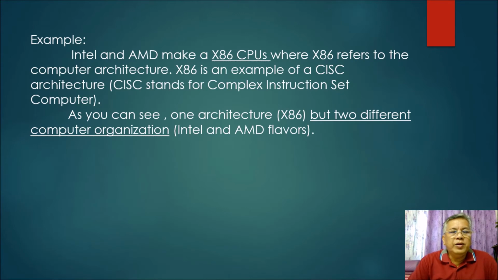We have here an example. Intel and AMD make x86 central processing units, where x86 refers to the computer architecture, when in fact x86 is an example of a CISC architecture.